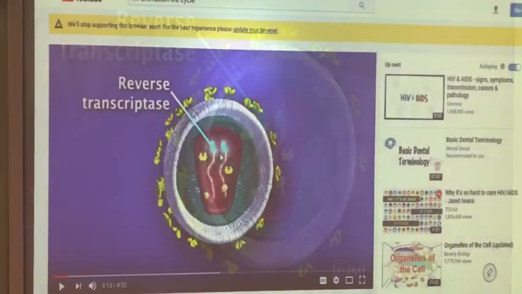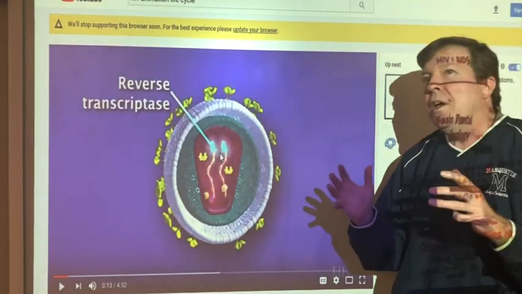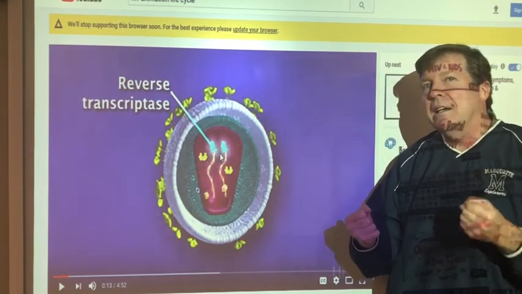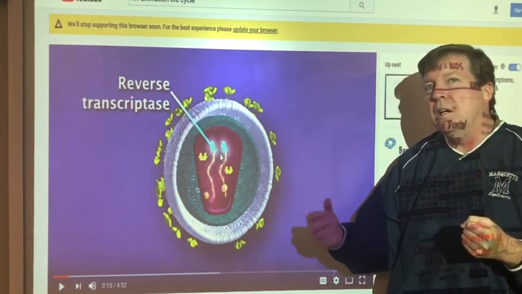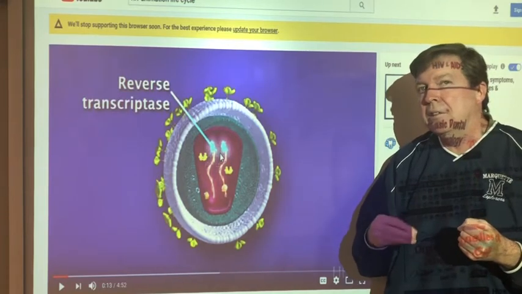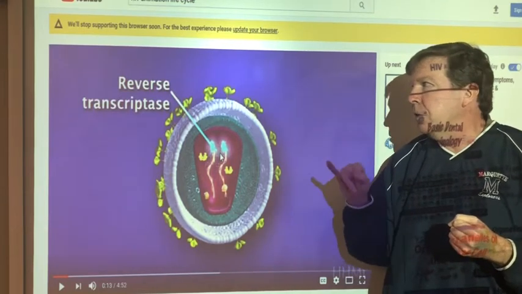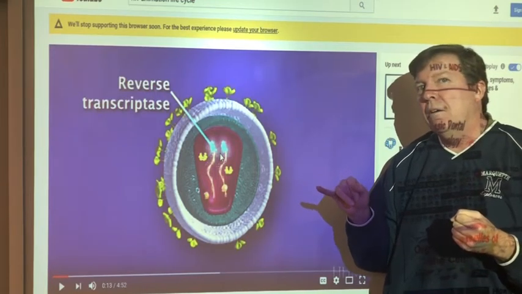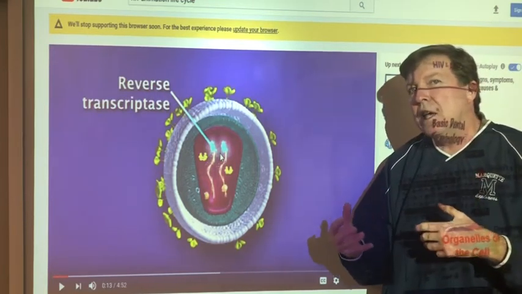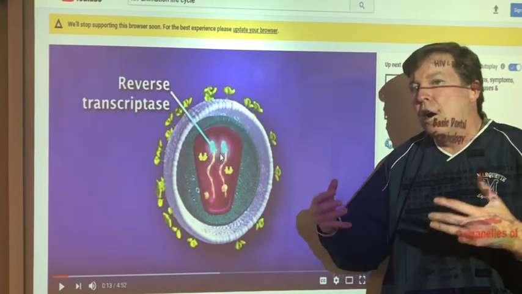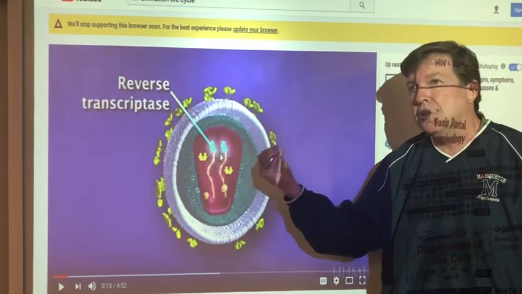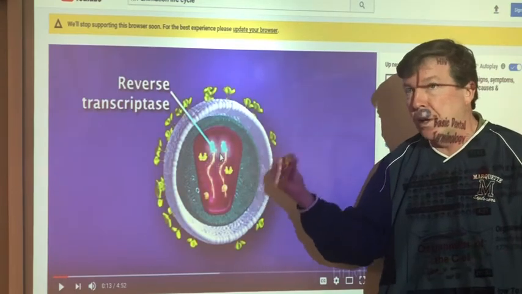This virus brings with it its own special tools that it's going to need to take over the cell once it infects the cell and enters the cell. Reverse transcriptase, we'll take a look at what that does, but for right now, think of it as a tool that the host cell doesn't have. So this virus has to bring this special tool with it.